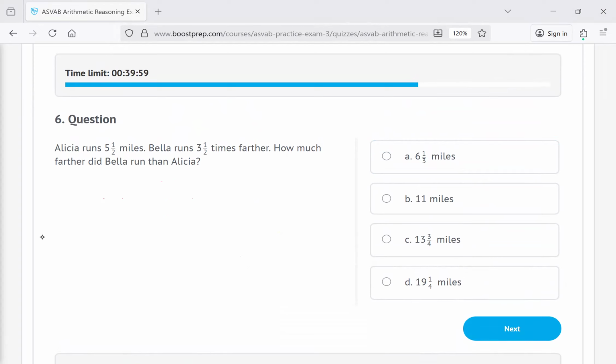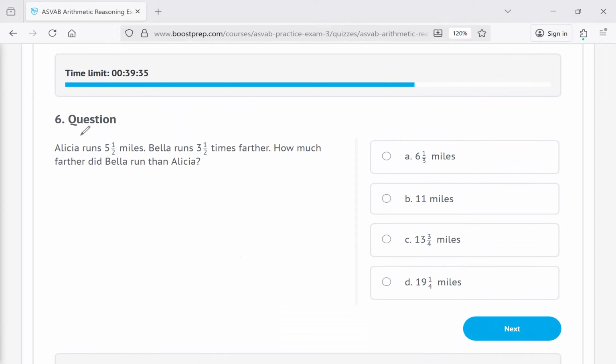Okay. Next one. Alicia runs 5.5 miles. Bella runs 3.5 times further. How much further did Bella run than Alicia? So you know it's a subtraction, right? Whenever you hear the word further, it usually means subtraction.